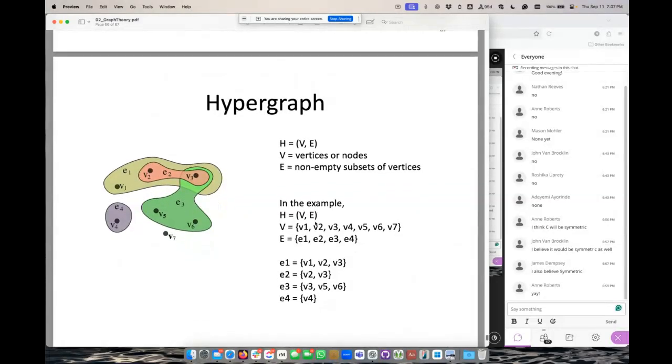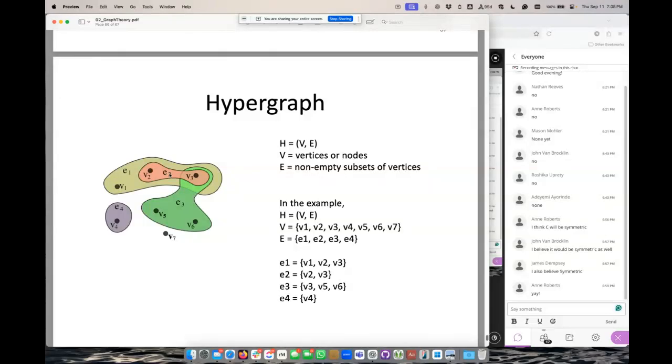The way to represent a hypergraph is not the same as for graphs. Here, instead of edges, you consider sets, where a set governs the individuals or the nodes that are in relationship. So you can see in this case, you have a set called E1. We can consider this edge 1, which has three individuals in relationship, V1, V2, V3.